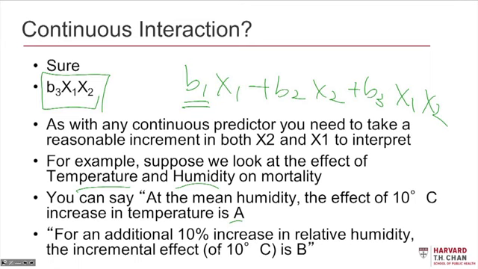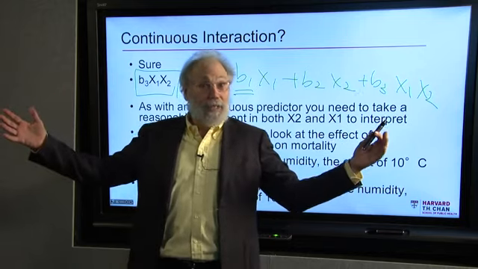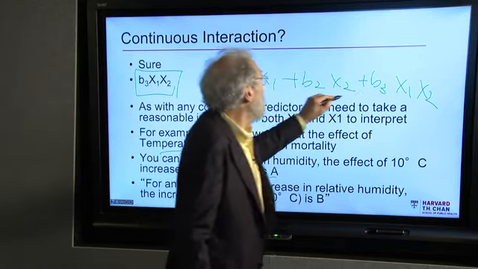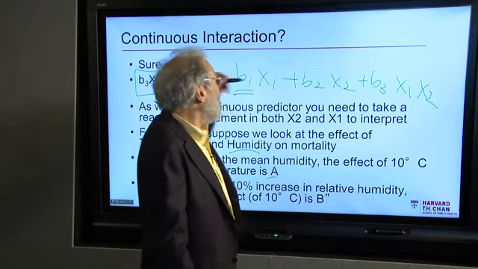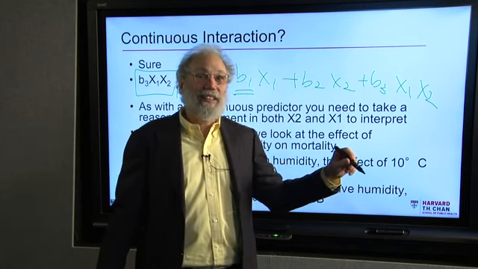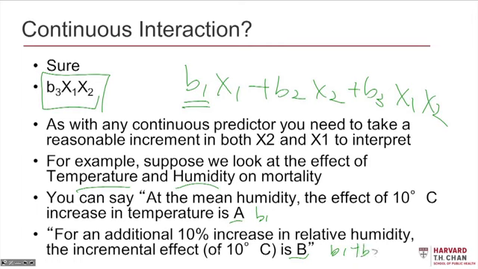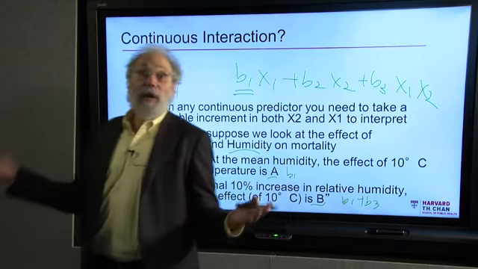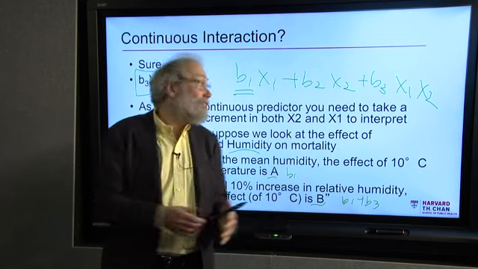But if the relative humidity goes up by 10% above its summertime mean, so now x2 isn't 0, then the effect of a 10-degree increase in temperature is going to be different. This is B1, and this is going to be B1 plus B3. So I can turn this into meaningful statements when I get these coefficients.